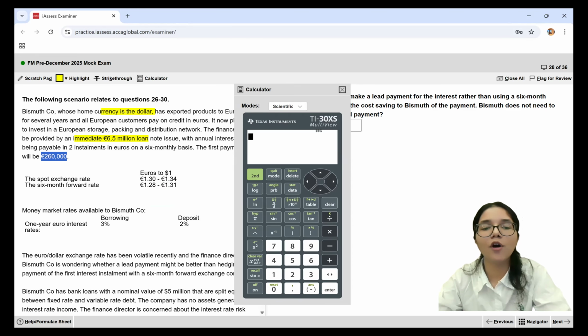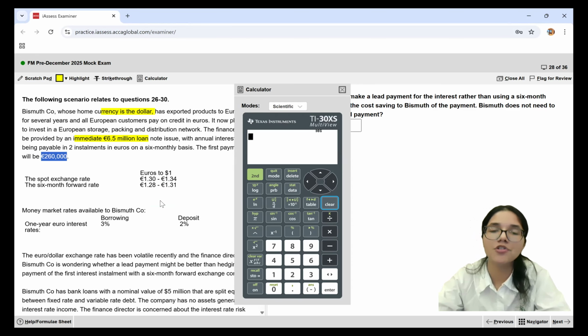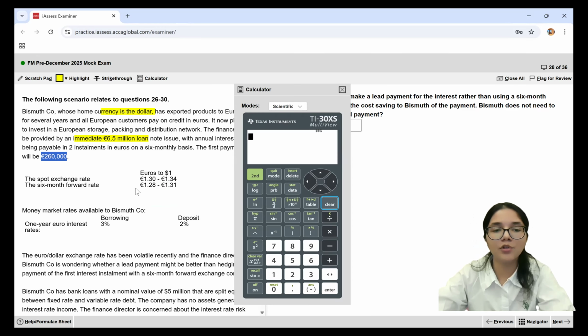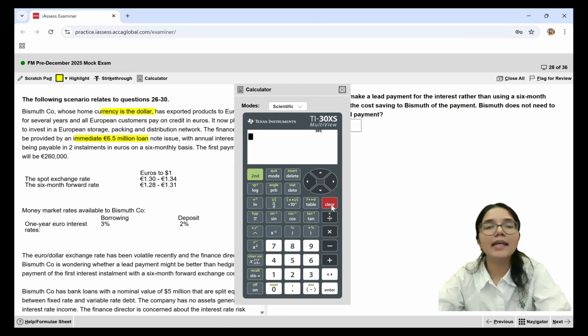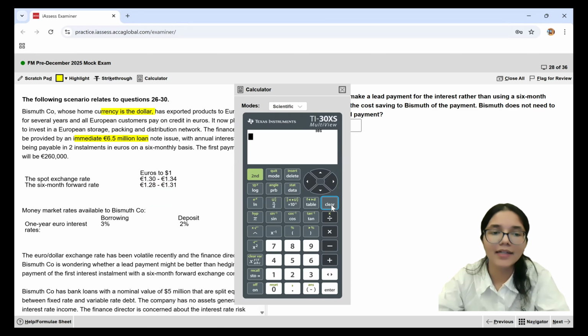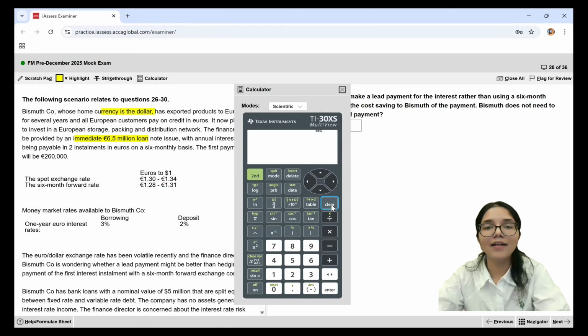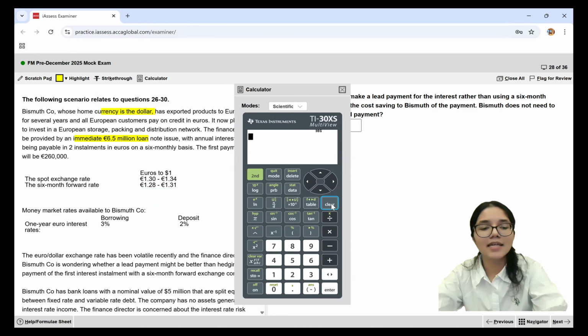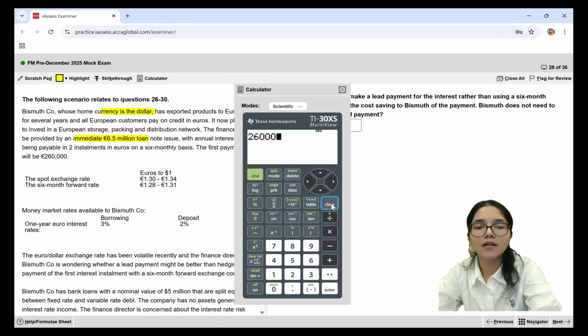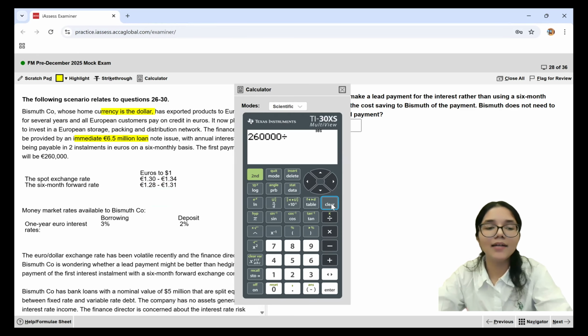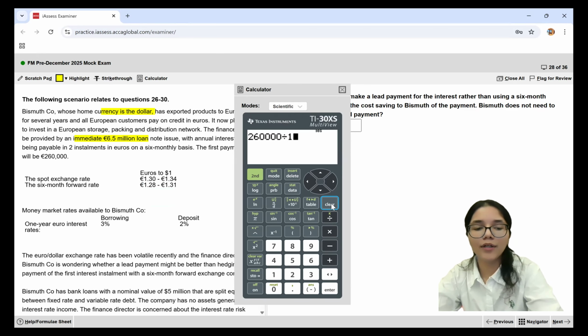Now have a look at which rate we are going to use for our division. The second question is which rate will be used out of the two rates that are quoted here. The dealer will always take the advantage, so the dealer will give you the rate where you have to pay more dollars. In the exam, if you get confused, calculate using both rates and then take the rate where you have to pay more dollars. So let's see: 260,000 euros divided by 1.28.